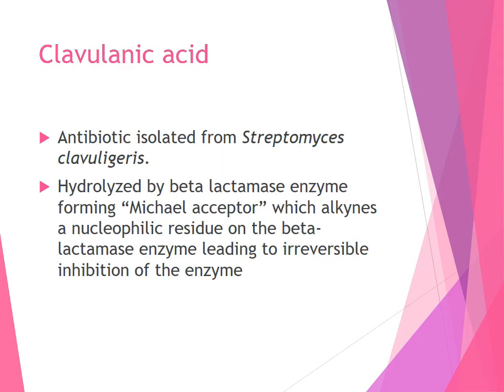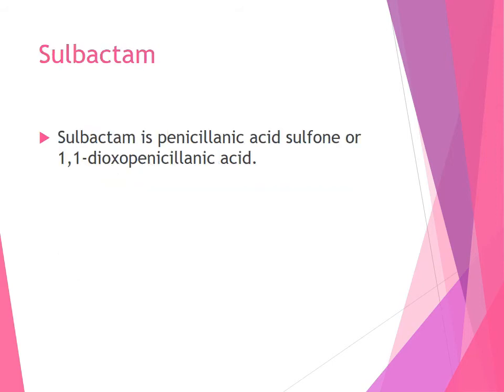For clavulanic acid, it is isolated from Streptomyces clavuligerus. For Tazobactam, it is a penicillanic acid sulfone or 1,1-dioxopenicillanic acid. Usually, our Tazobactam is combined with ampicillin.